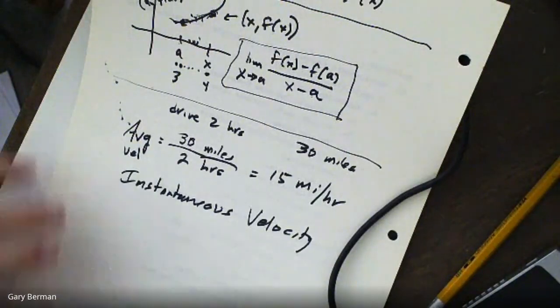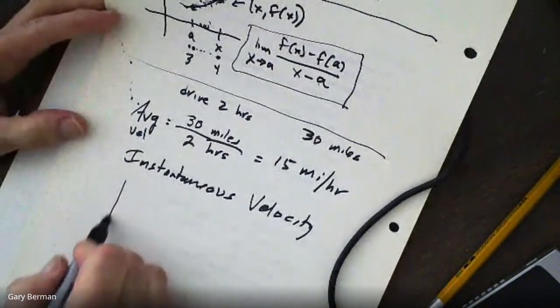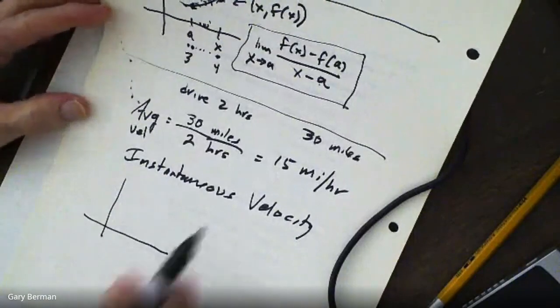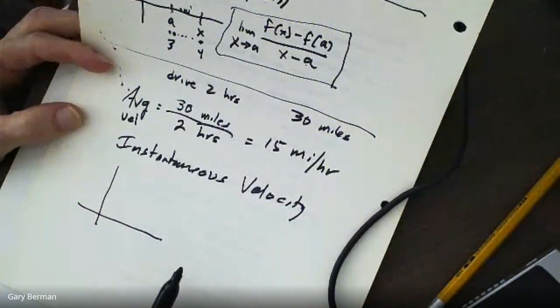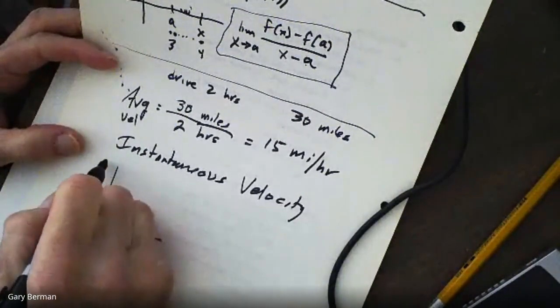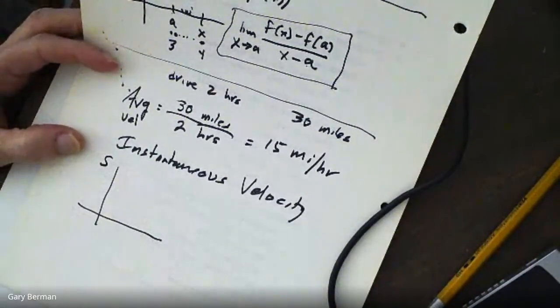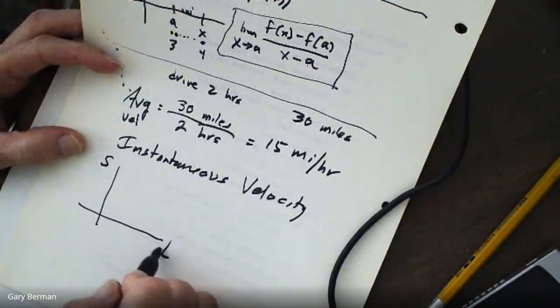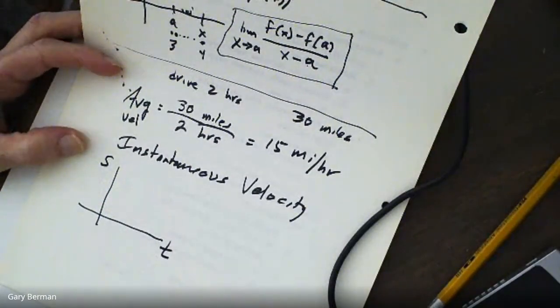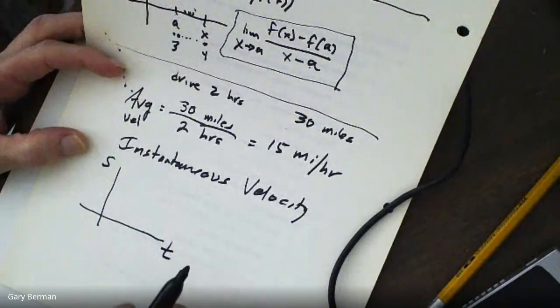So let's come back, first of all. So suppose we take this trip and we actually do drive at exactly 15 miles an hour. And if I graph the distance, and we usually use the symbol S, okay, for distance, and we make a graph of the distance versus the time, suppose I really did go the whole thing at 15 miles an hour.